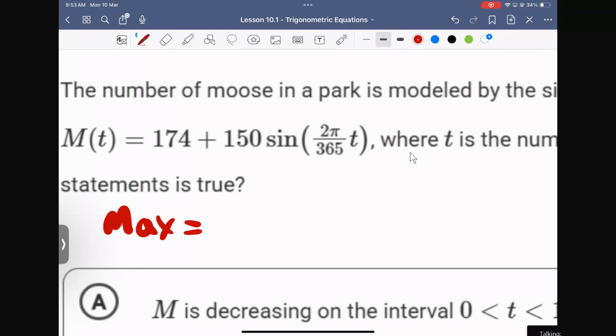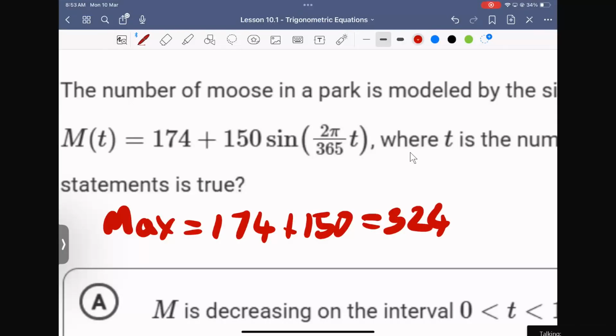Excellent. With a trigonometric function like this one, it looks really complicated, but the maximum and minimum values are quite easy to find. The maximum value is going to be given by 174 plus 150, which is 324. The minimum value would be 174 minus 150, which is going to be 24.